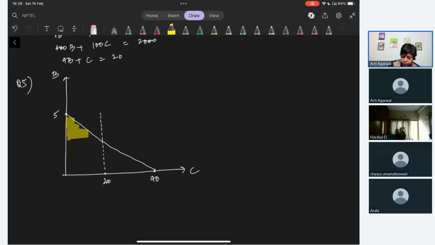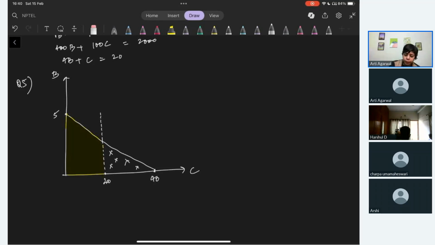So only this part, this green part, which I'm highlighting here, is now going to be the budget set. You can see this, right? So this part is the budget set now. The part where C is greater than 20 is not part of the budget set anymore. So this is removed, right?